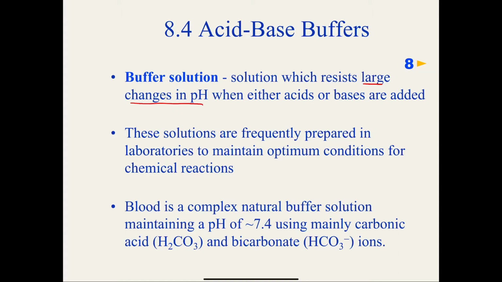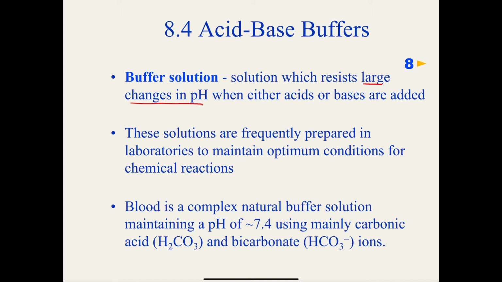And what we will see is that a buffer solution is a solution that contains appreciable amounts of a weak conjugate acid-base pair. Buffer solutions are frequently prepared in labs to maintain optimum conditions for chemical reactions. So let's say you are doing a chemical reaction, and in order to maximize the amount of product or to maximize the percent yield of the reaction, it had to be run at a very specific pH.